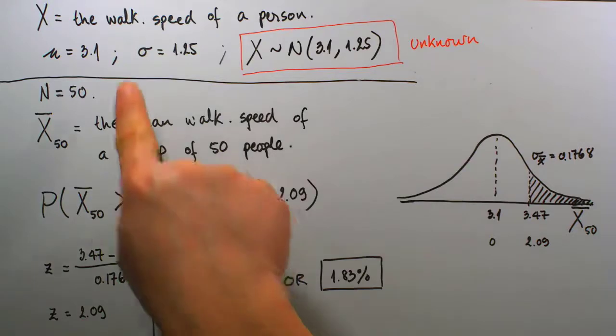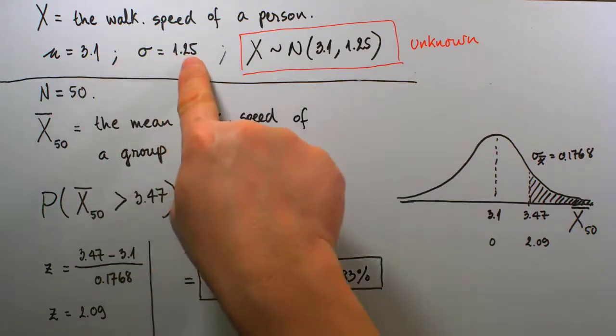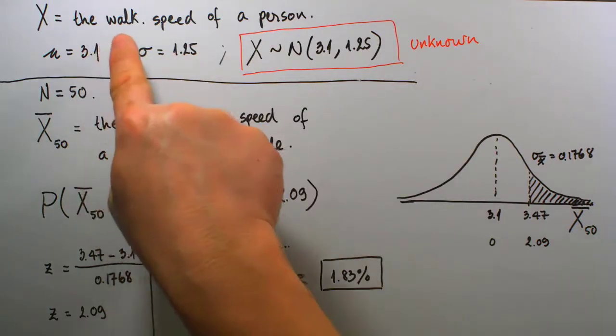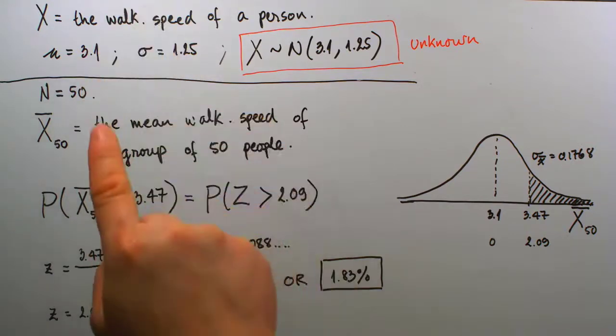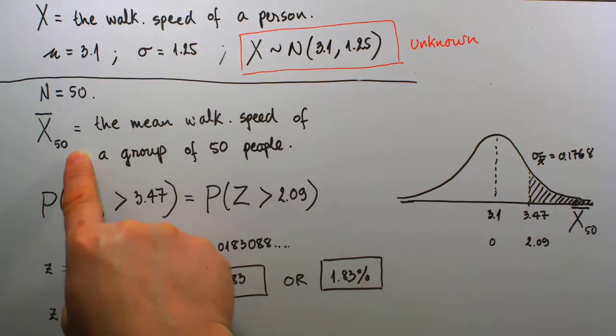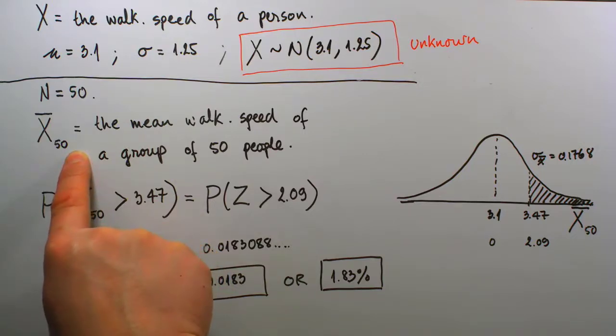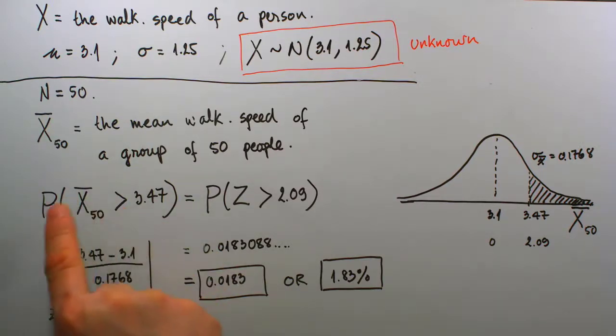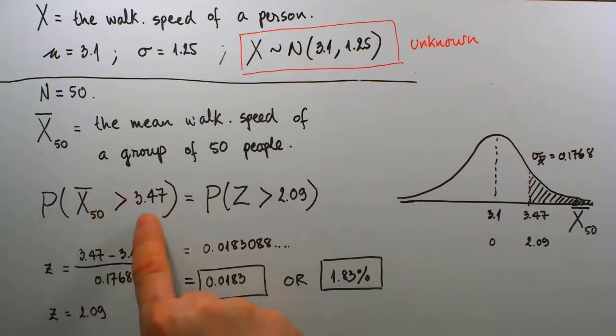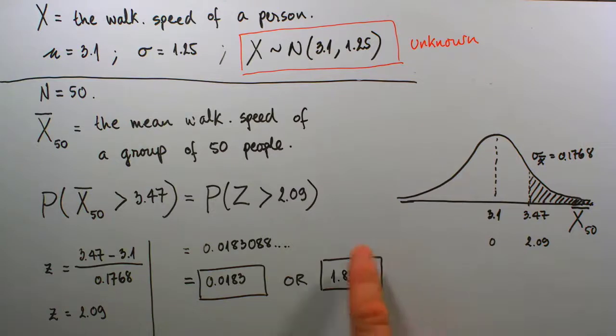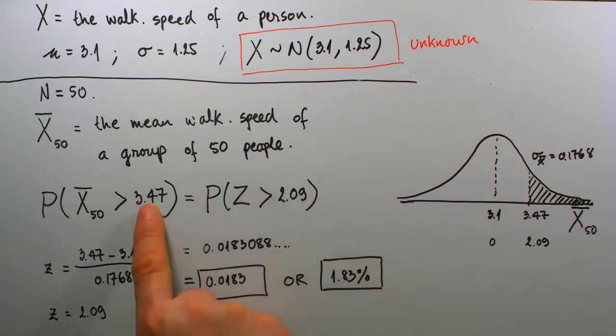Provided that we knew some information regarding the beginning population of individual walking speeds, if we pick any random sample of size 50, then the chance of having that sample with an average being above 3.47 is only a 0.0183 chance, or out of 100 times picking samples, only 1.83% of times do we run into a sample satisfying this requirement.